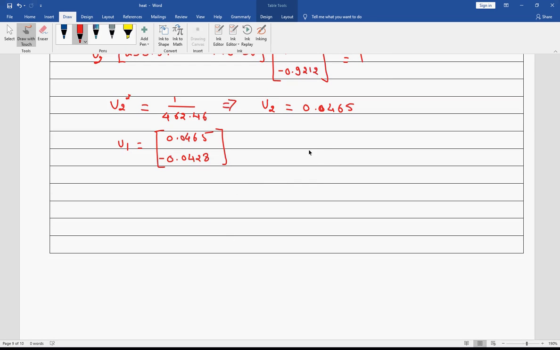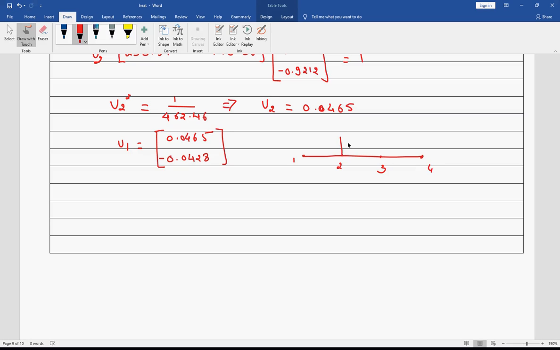So what it suggests, first mode: node 1, node 2, node 3, node 4.